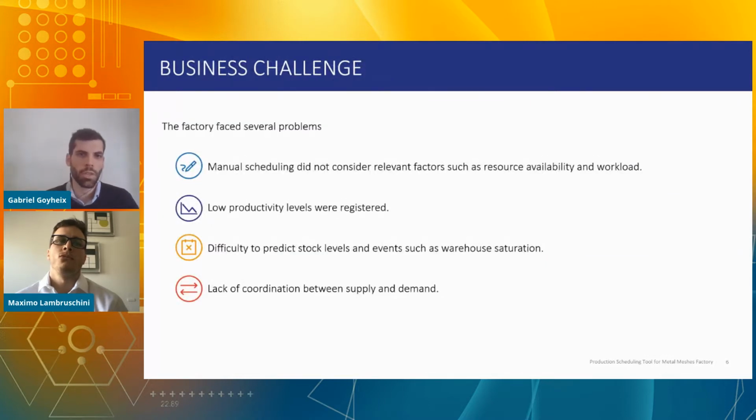So now that we have established how the overall process works, let's look into the problems that the factory faced that caused the need for this project. First of all, the production scheduling was carried out manually by the planning team using spreadsheets.